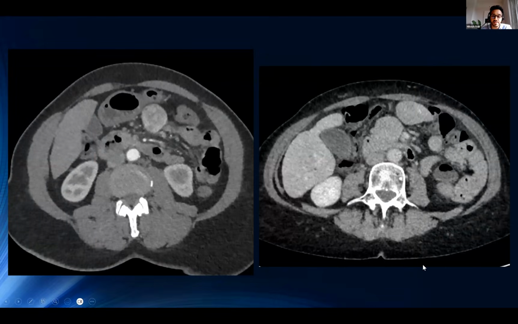And this is just to show that there is a differential diagnosis. So although imaging is really helpful once a diagnosis is made histologically, it's not a diagnostic test per se, unless we have somatostatin receptor imaging. So on the left-hand side, we have a rounded mesenteric mass. On the right-hand side, we also have a rounded mesenteric mass.